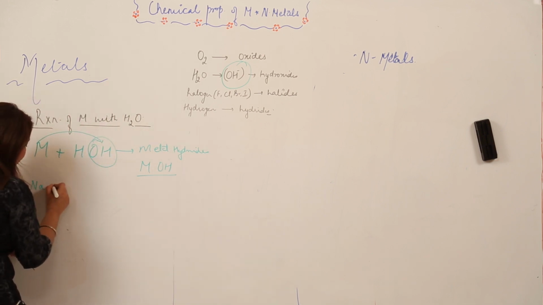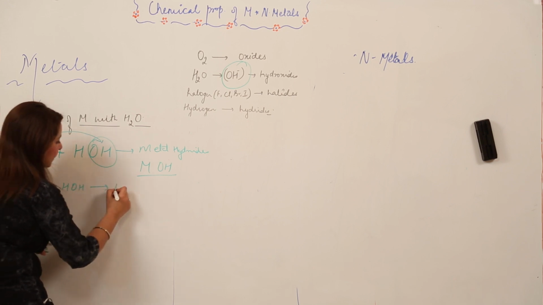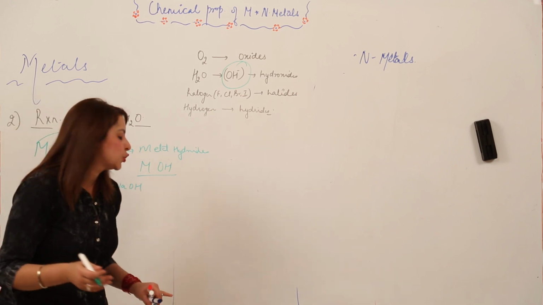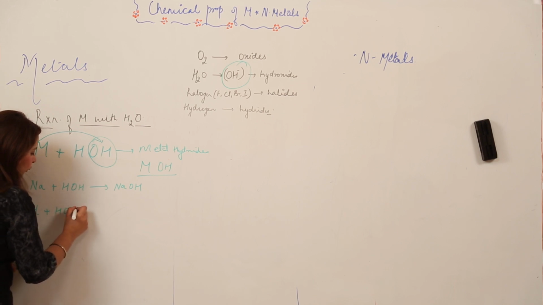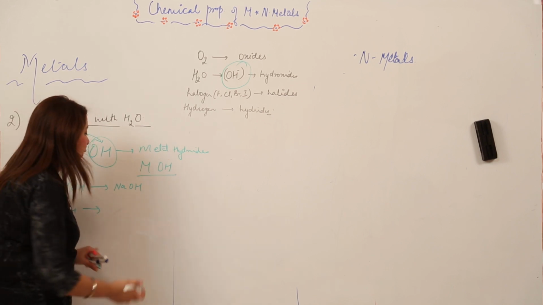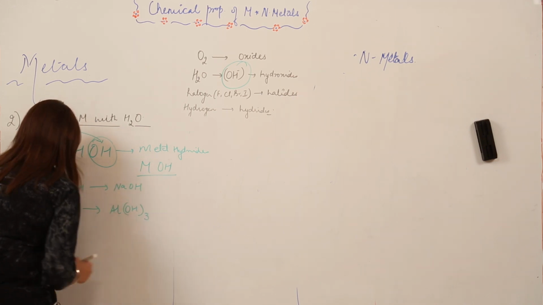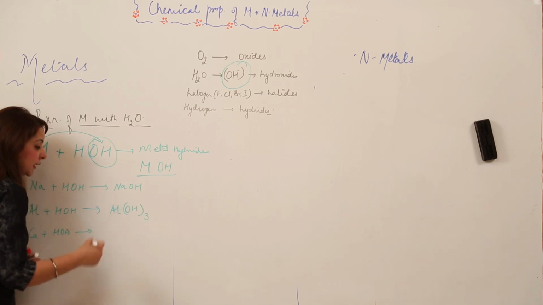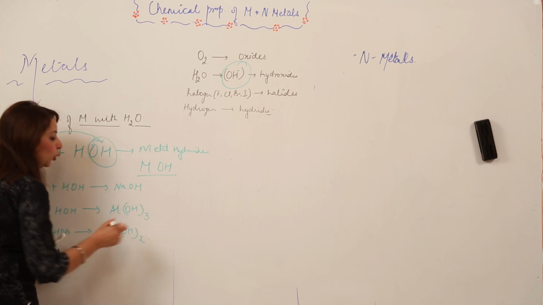In a similar way, the formula can be anything, like I am stating with examples. Suppose I have Na. When I react Na with water, I get the hydroxide with formula NaOH. And if I react aluminium with water, I get aluminium hydroxide, with formula Al(OH)3. And when I react calcium with water, I get calcium hydroxide, with formula Ca(OH)2.